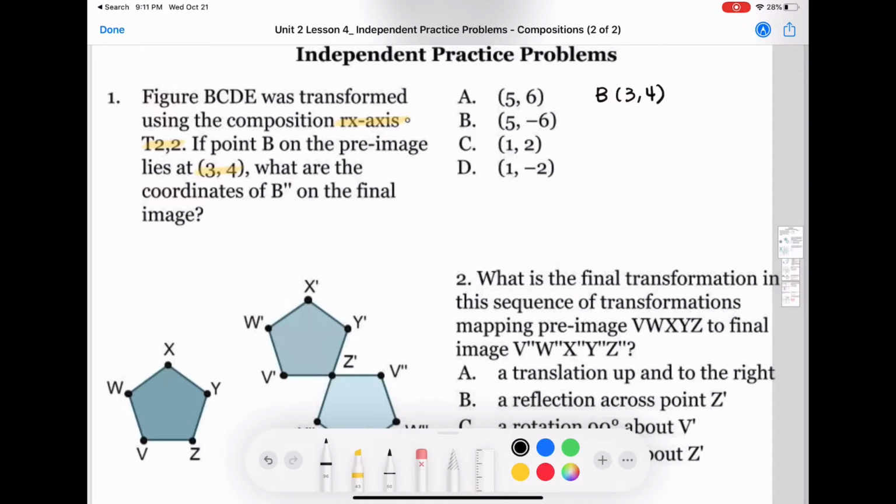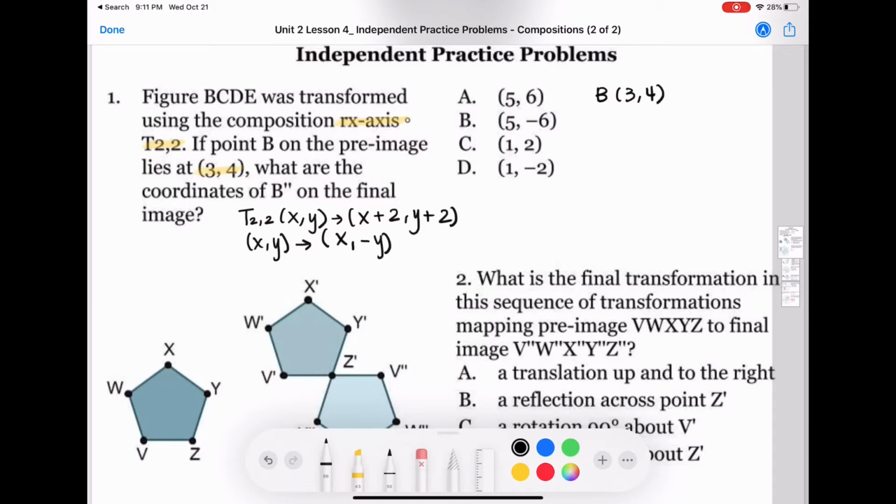Okay, so we know that we have two different types of transformations that create this composition. We have a transformation which maps to, and we also have what looks like a reflection across the x-axis, and we know that reflections across the x-axis tell us to take our original coordinates and to go ahead and switch the x and y coordinates and then negate the y.